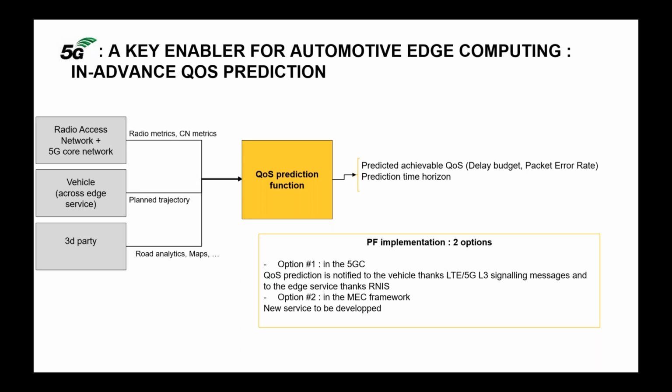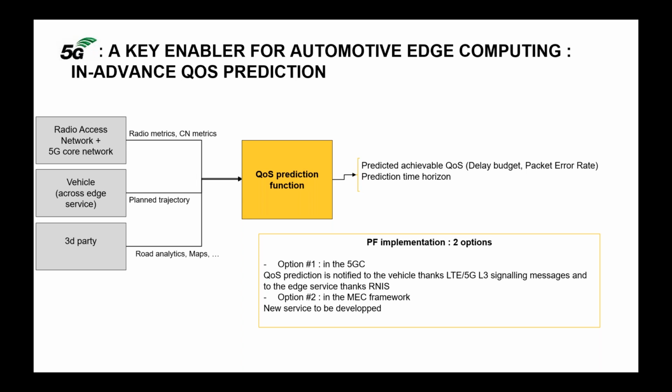It would ideally get as input the expected vehicle behavior. But there are also people, so there's no limit to engineering thoughts, who are thinking, why not also inject into these prediction functions some third-party data like road analytics, the weather forecast, the maps or whatever, to anticipate where there will be very heavy vehicle traffic and so very heavy data traffic.